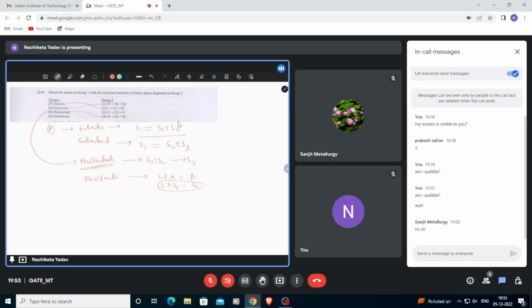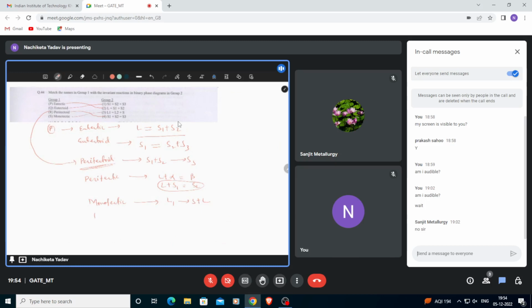And for monotectic, it is actually one liquid changing to solid plus another liquid. So this is this one.